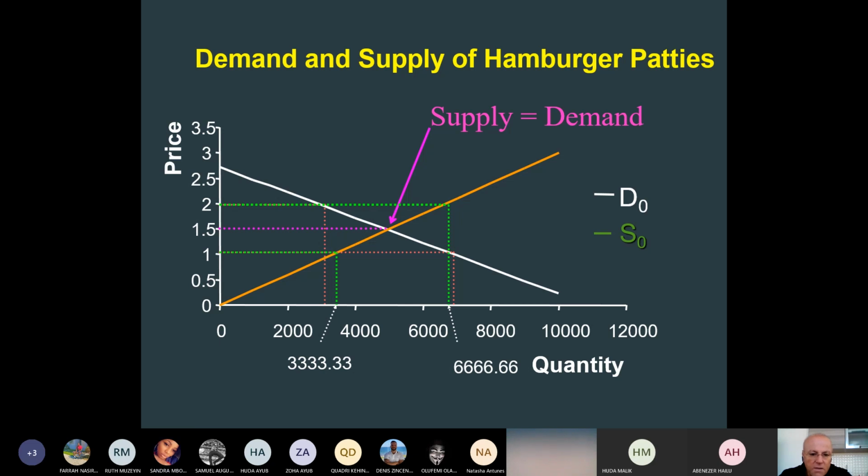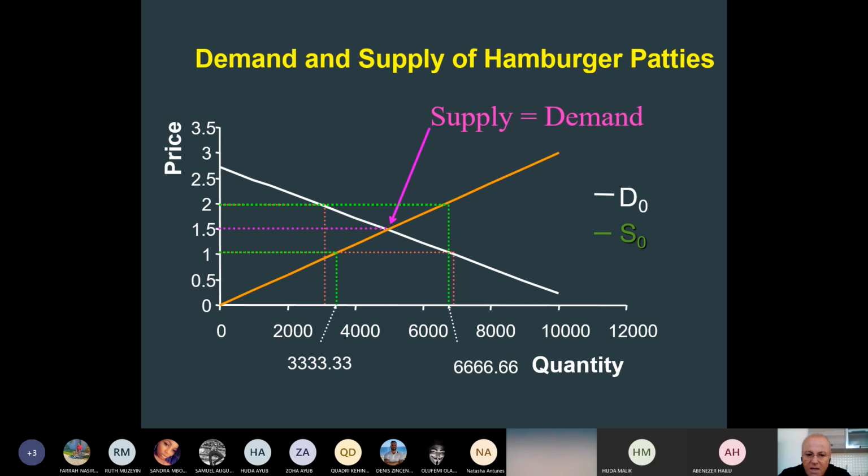Let's look at the given numbers now. We have 2 points indicated here. One is below the equilibrium and the other one is above. And of course, the equilibrium is the intersection of the supply and demand curves. As you are observing here, the point where 3,333 units are produced is lower production, and there is some scarcity in the market because there is more demand.